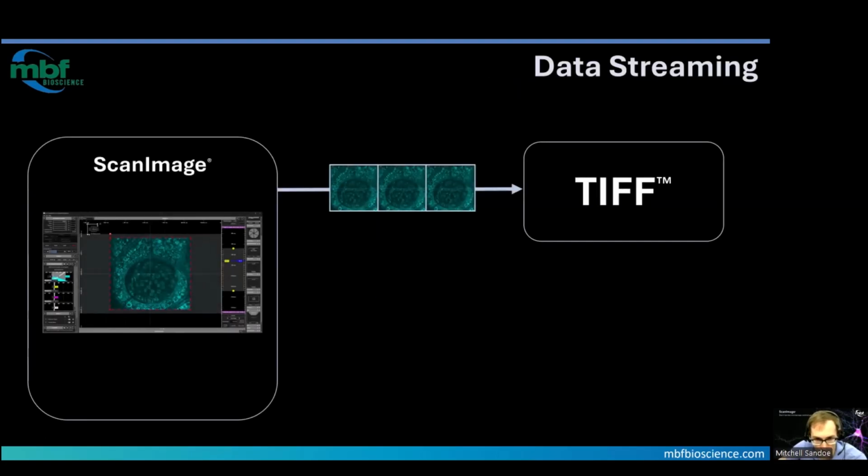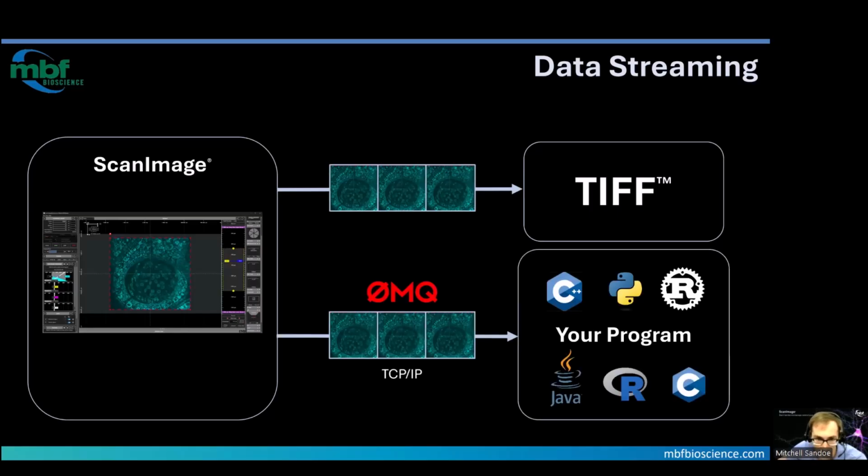So ScanImage traditionally outputs image data in the TIFF format, and now ScanImage is going to output image data in an exciting new way. In ScanImage 2026, you can stream image data out via TCP/IP.